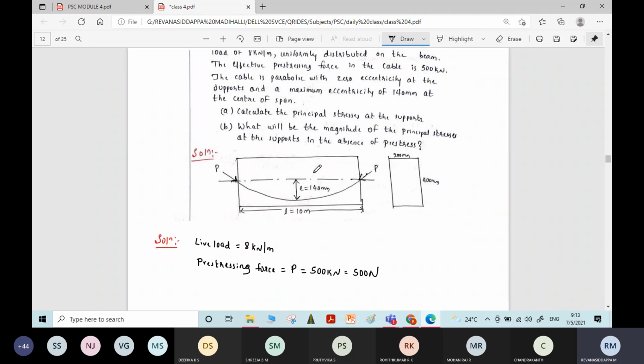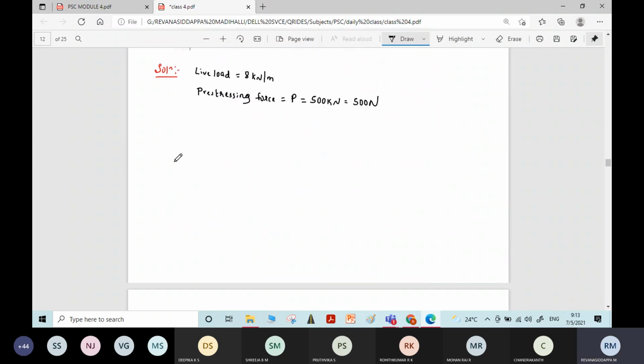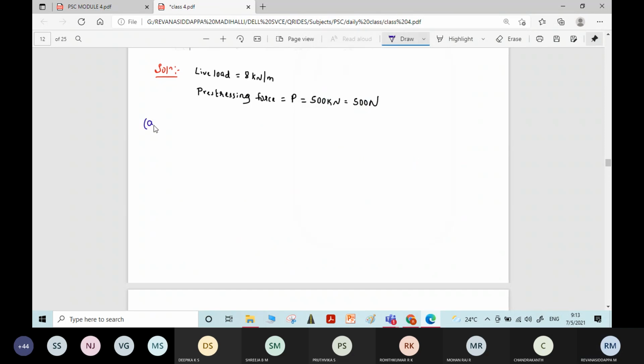Okay. Now we will go with the first question, to calculate principal stresses at the supports.